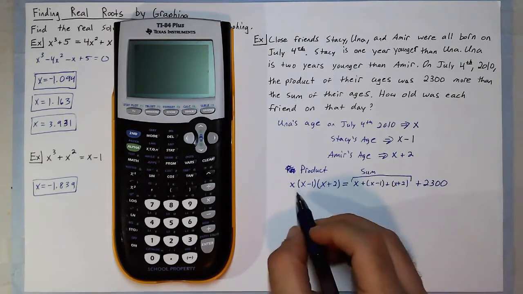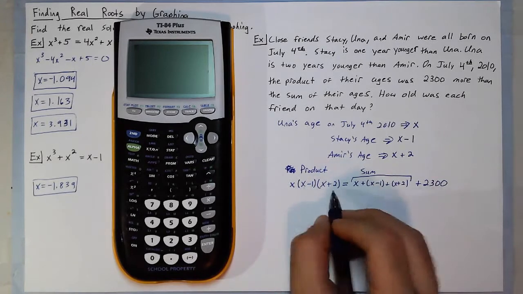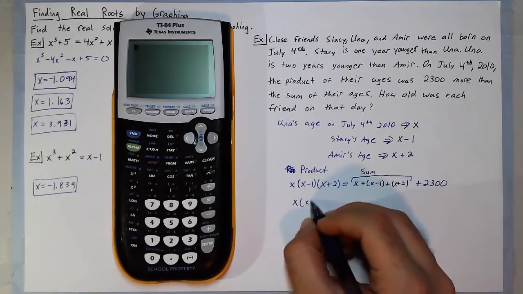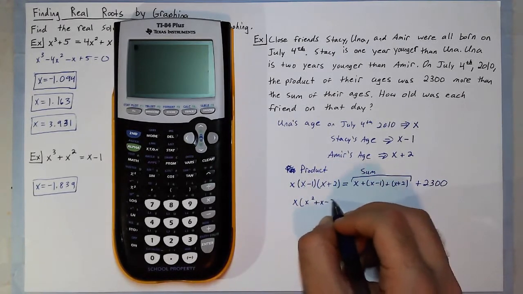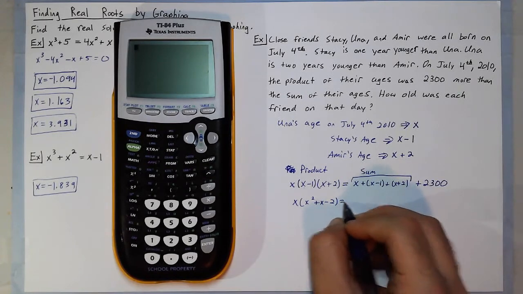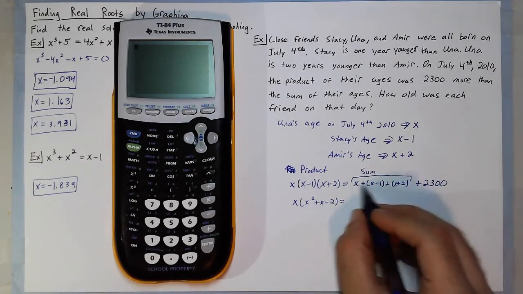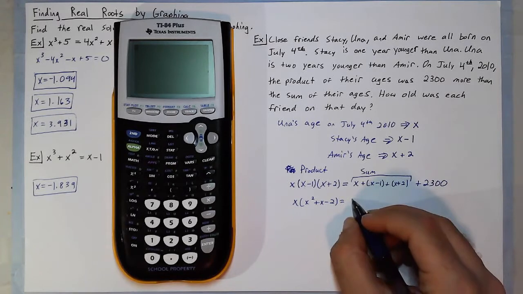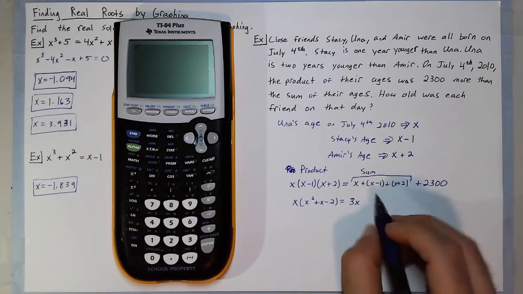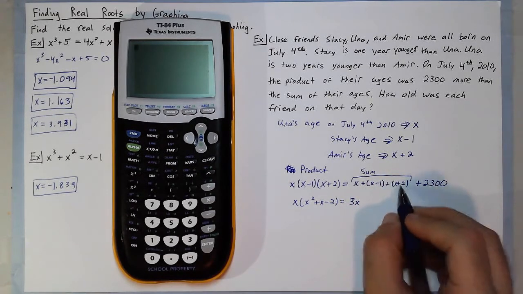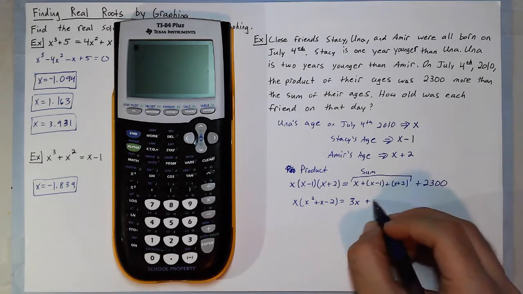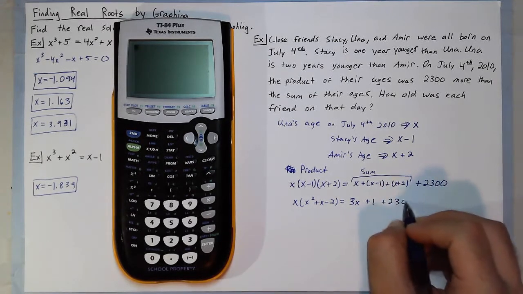On the left, I'm going to multiply out x minus 1 and x plus 2, which gives me x squared plus x minus 2. On the right, I'll add my like terms: x plus x plus x is 3x, and negative 1 plus 2 is plus 1, and that's plus 2,300.